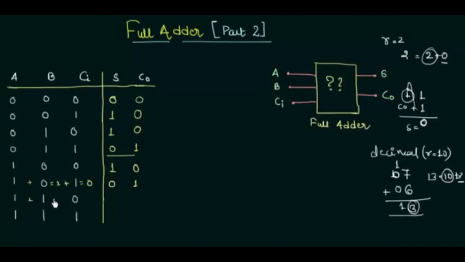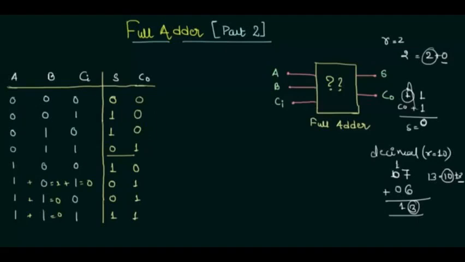In this, 1 plus 1 gives you 0 and carries 1, and 0 plus 0 gives you 0 with carry 1. Again in the last case, 1 plus 1 gives you 0 with carry 1, and 0 plus 1 gives you 1. So there is sum 1 and carry also equal to 1. Now we got our sum and also the carry output.